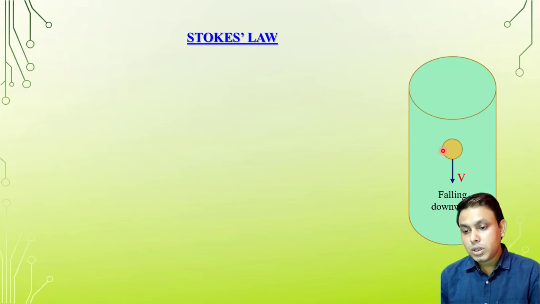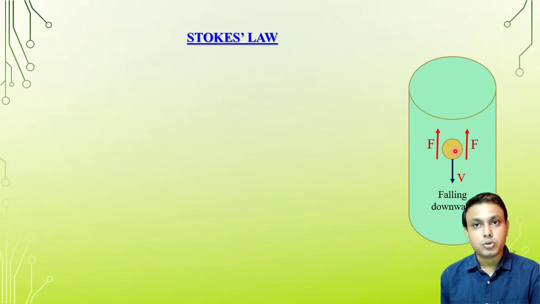Now if we consider the liquid molecules which are far from the solid, then there is no adhesive force. So there is a relative motion between different liquid layers, and due to this there will be a viscous force in the upward direction. So a viscous force F acts in the upward direction against this motion.